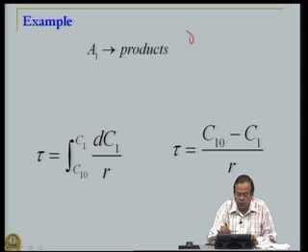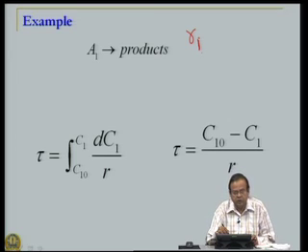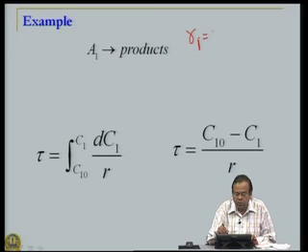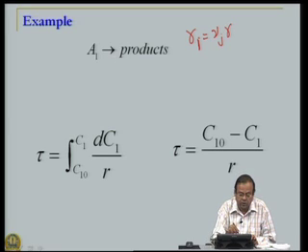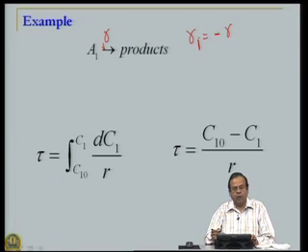So, my R1, that is the rate of generation of species 1, is nothing but nu j times R, if R is the rate of this reaction. So, R is the rate of this reaction times the stoichiometric coefficient, and for this particular example, nu 1 is minus 1. So, R1 is minus R.